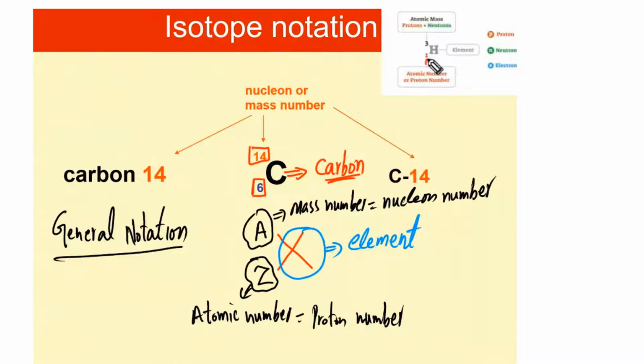You can see the atomic number is here, and this element hydrogen, and at the top you can see this is mass number. So this is how we can find out. Okay, so I hope this is very clear. Okay, let's move on to next one.